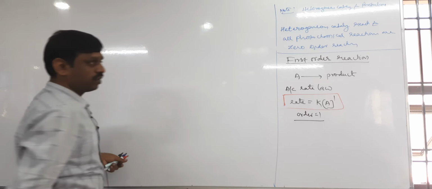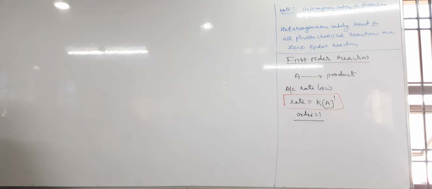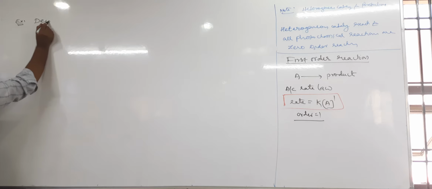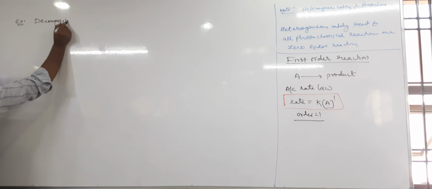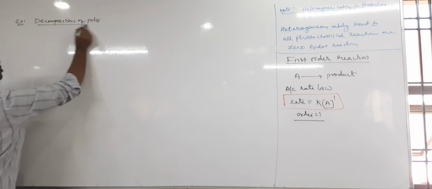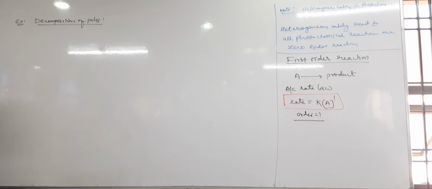So take this, consider a reaction A gives rise to product. According to rate law, rate equal to K into A power 1, order is 1.